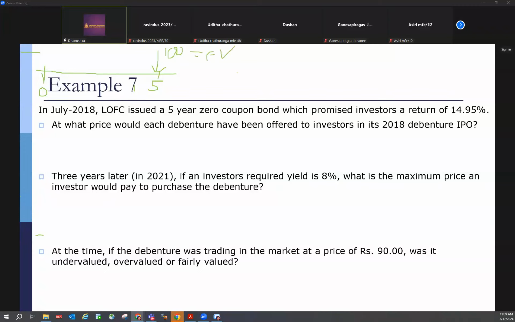There are 2 ways to do this question. One is to use basics, right? One is to say price is equals to coupon divided by R, 1 minus 1 plus R, minus N, plus face value discount.